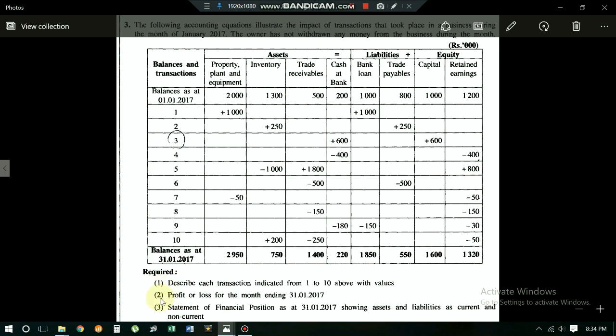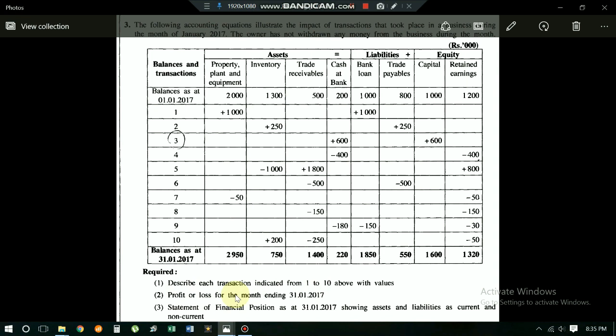In this requirement, it is not specifying what method you have to use. So you can use either method. But my advice is to use net profit equation model, because it is very simple and easy to find answer.